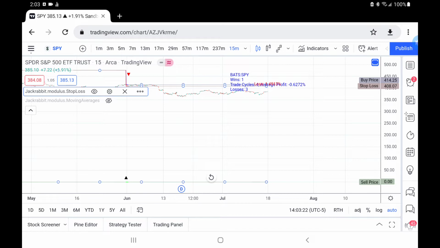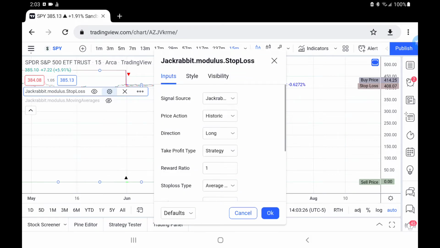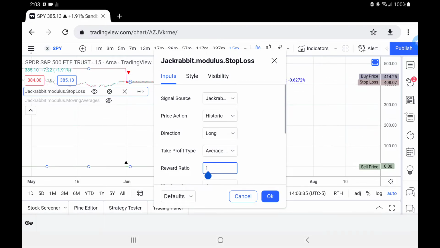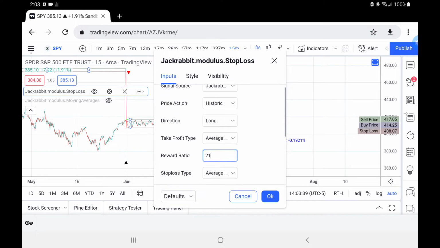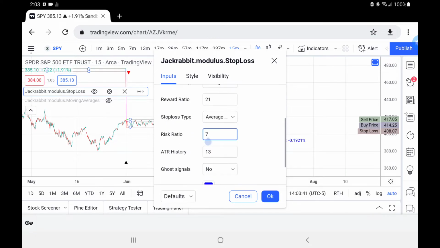And that's worse. So let's see what else we can do. Okay, let's see. Let's do 21 and let's try 14.